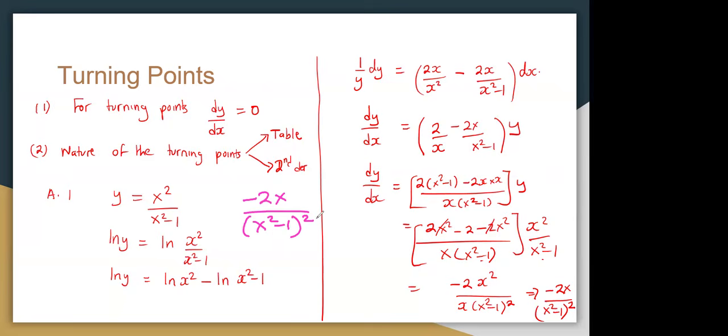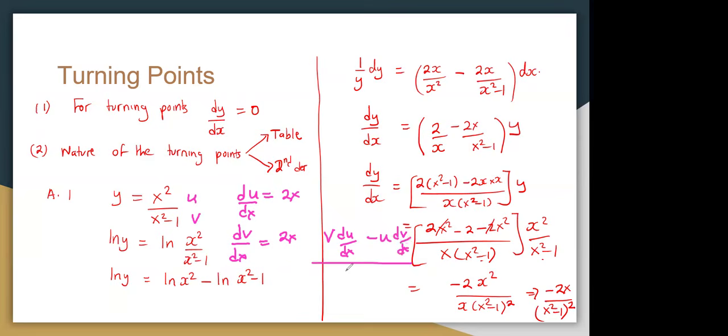Which approach did you use? I used the quotient rule. What was your u and what was your v? What was your du dx? 2x. What was your dv dx? 2x. So we go back. You had v du dx minus u dv dx over v squared.